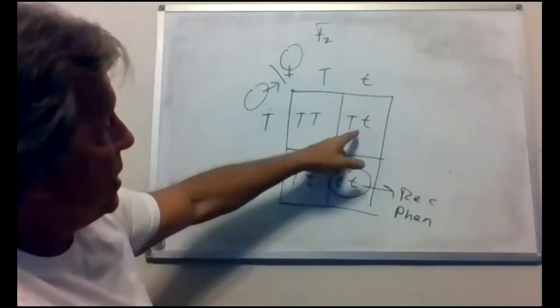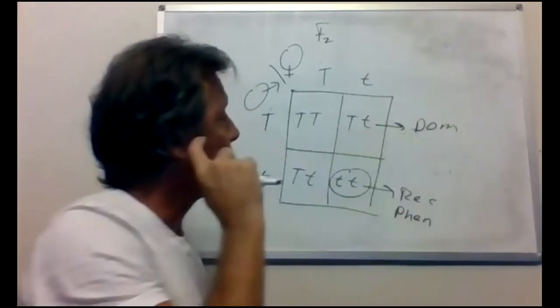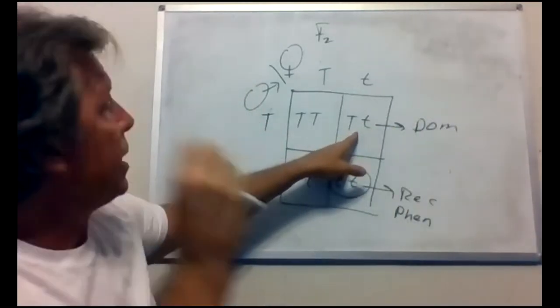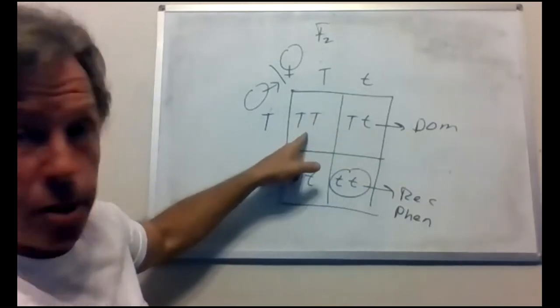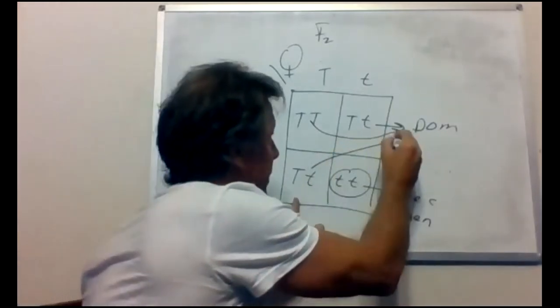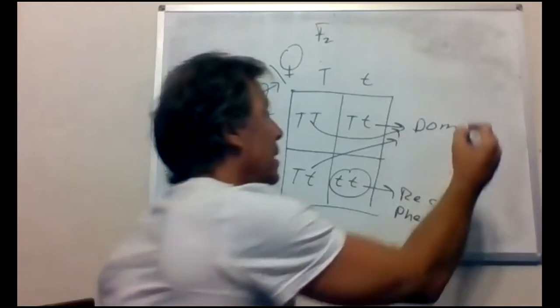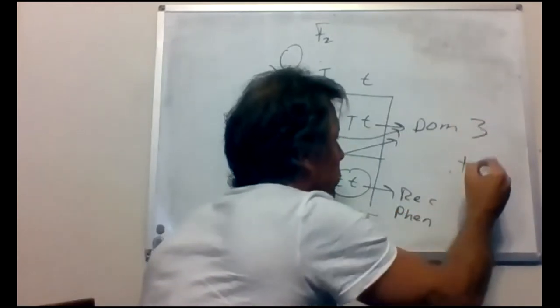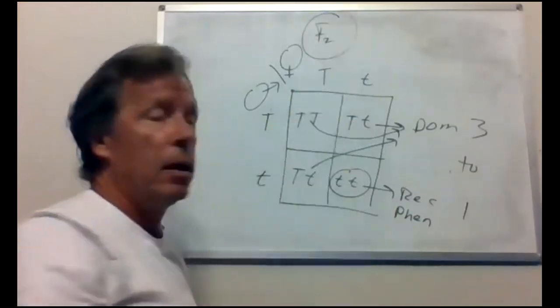Now, once again, if we look at this, what are we going to see? This little guy is going to have the dominant phenotype because he's heterozygous. This guy certainly is going to have the dominant phenotype. And this guy is going to have the dominant phenotype. So what we see, and what Mendel saw, was a 3-to-1 ratio in this F2 generation.